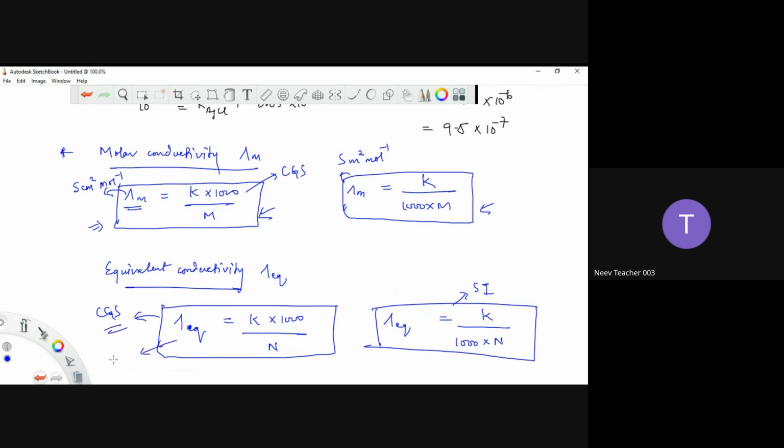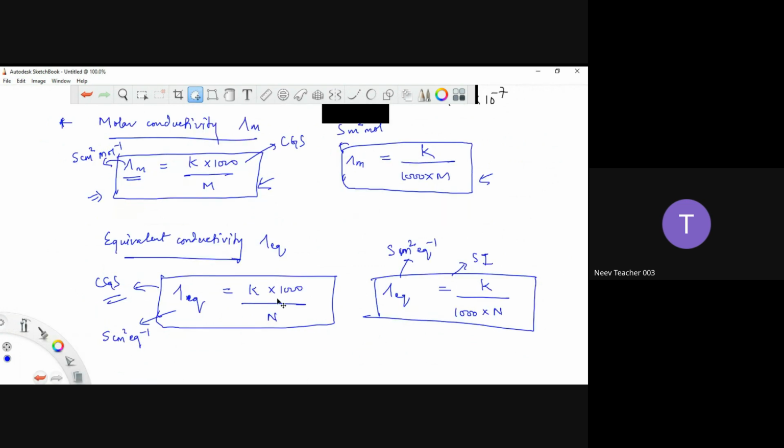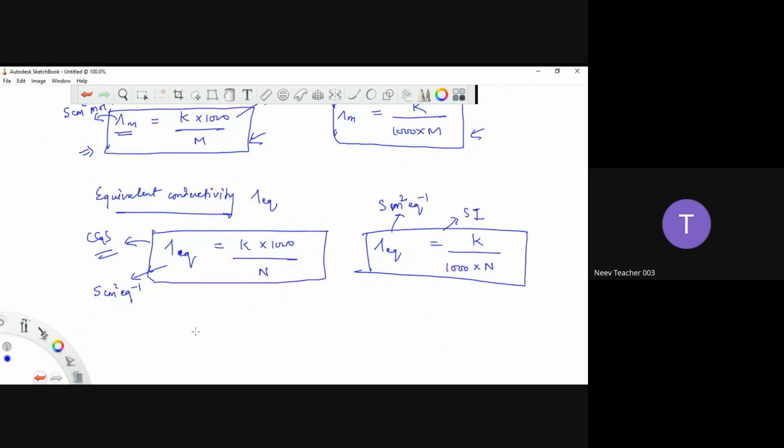Unit will be Siemens centimeter square equivalent inverse, and Siemens meter square equivalent inverse. What will be the relation between these two? Lambda equivalent is lambda m over n factor. For the same electrolyte, this is the relation between equivalent conductivity and molar conductivity. Clear? I think you must have done it, right?